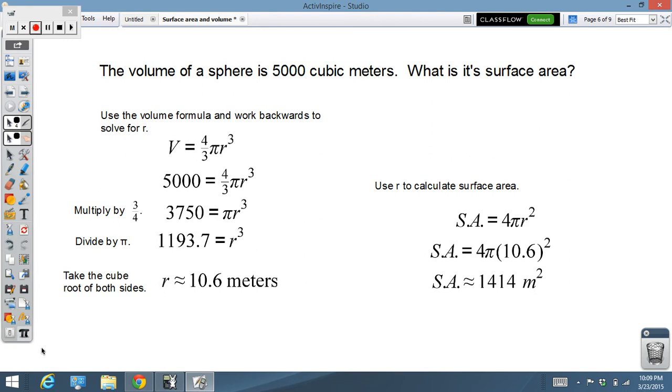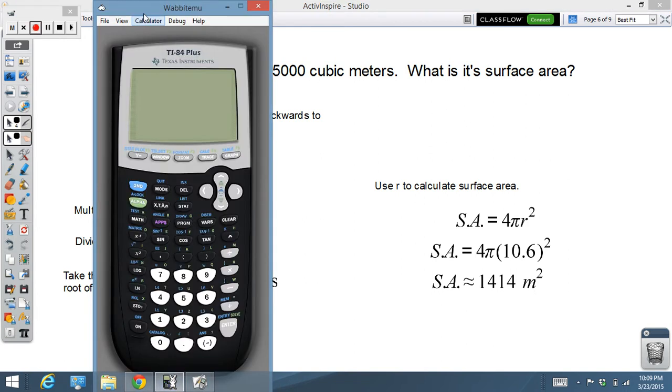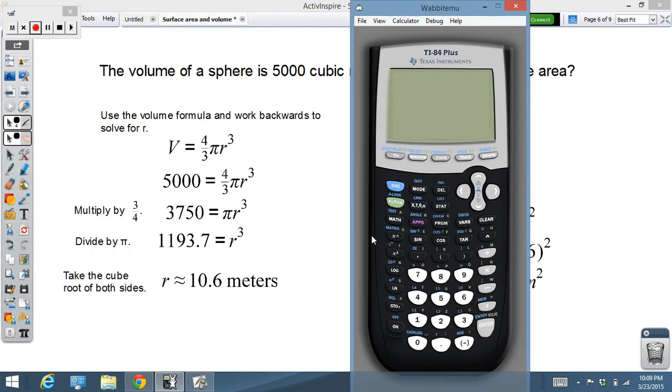Now, let me show you how to do that on a calculator, just in case you weren't quite familiar with how to do it. Okay, so clear. We're starting with our 5,000 right there, and I'm going to multiply by 3/4. Several ways to do it.